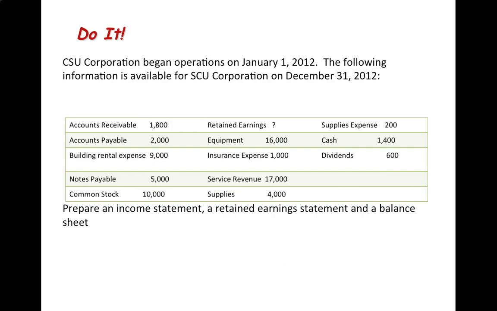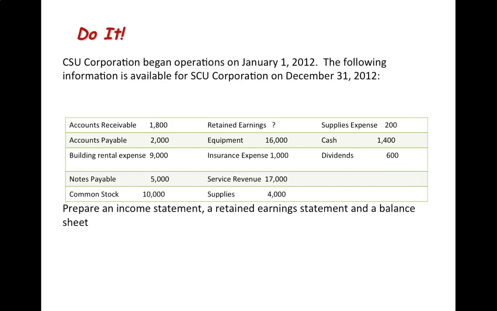Service revenue will go on the income statement because you have income and expenses, or revenue and expenses. Supplies is an asset, assets go on the balance sheet. Supplies expense, expenses go on the income statement. Cash is an asset, so it will go on the balance sheet. And then dividends are going to go on the retained earnings statement.